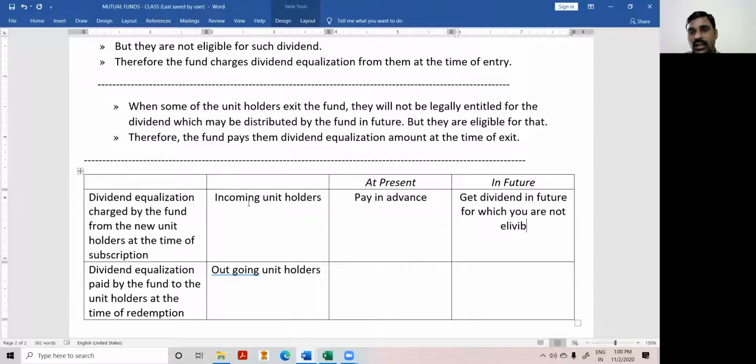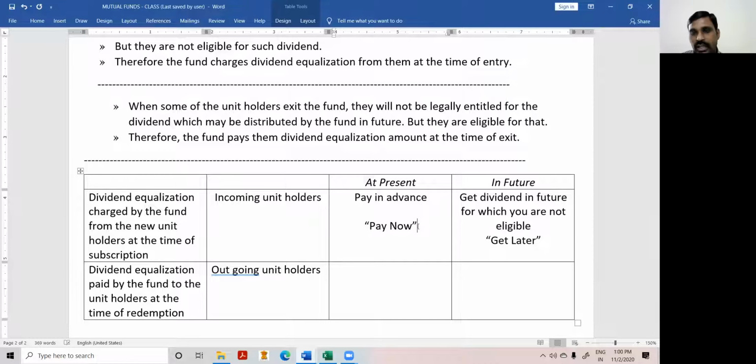You means investor, you means existing investor. Pay now, get later, as simple as that. That means just a reimbursement, no income for them, just an exchange of cash, that's it.